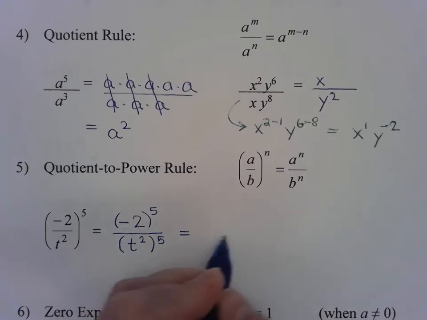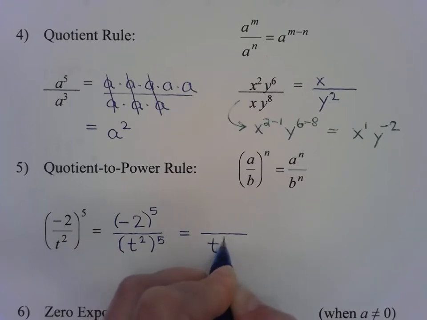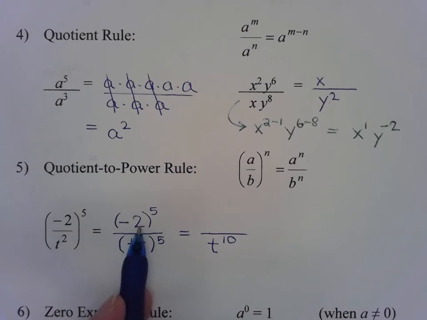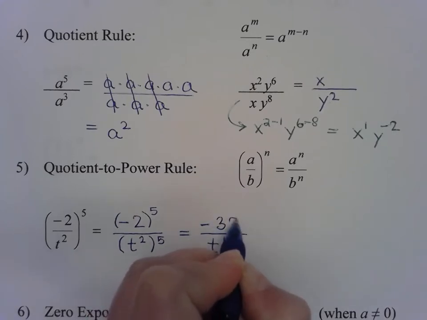Okay, let's do the bottom first. So power raised to a power, that's where I multiply. This would be t to the 10th. You could plug this into your calculator. It's 5 negative numbers multiplied together, so it's definitely going to be negative. 2 times 2 times 2 times 2 should be 32.